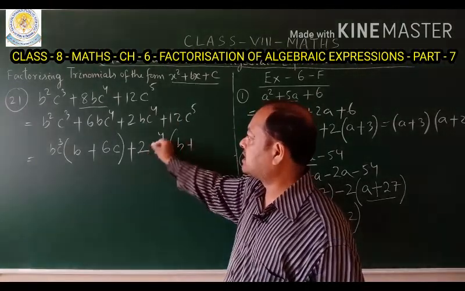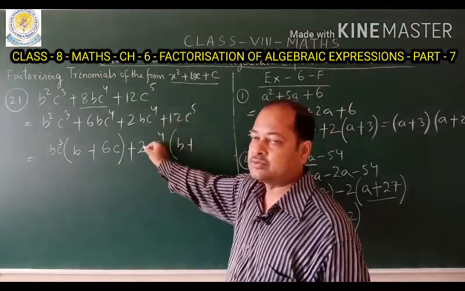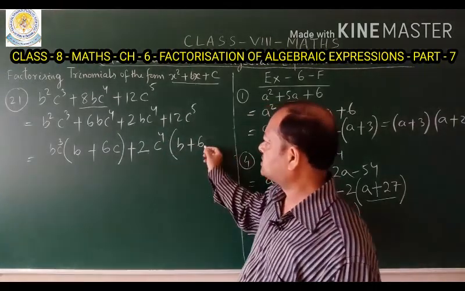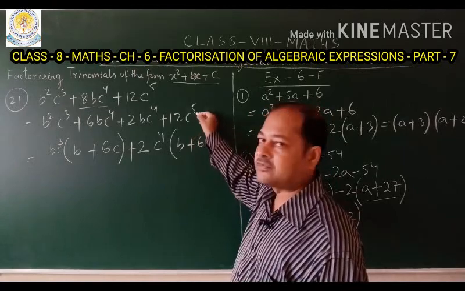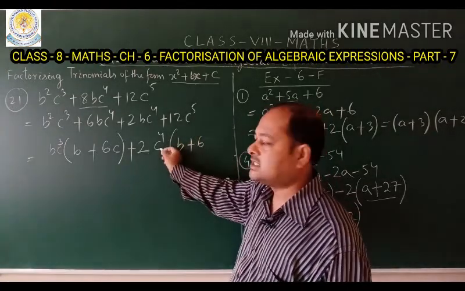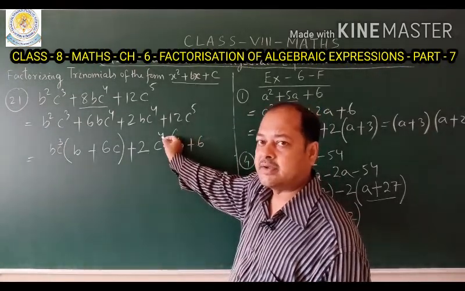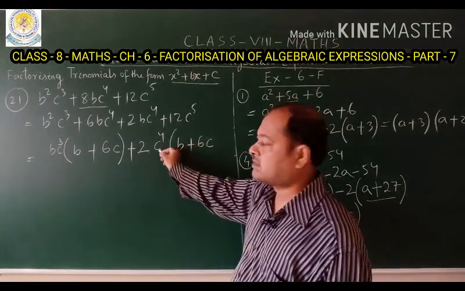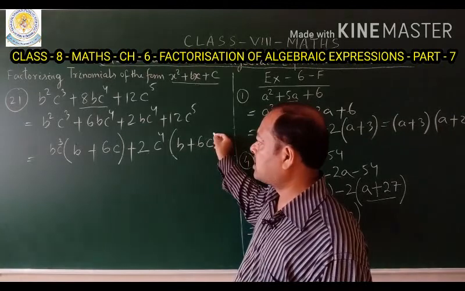Plus, now 2 is here and 12 is here, divide 12 by 2, we will get 6. And what is left? c to the power 5 is here. Already c to the power 4 we have taken as common, so c is left here, because c to the power 4 into c to the power 1 will be c to the power 5.